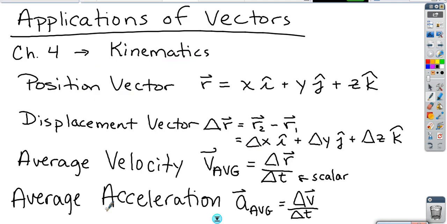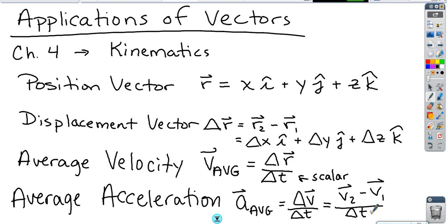The average acceleration vector is a similar situation. If you know what the change in the velocity is, meaning you know two values of the velocity, so you have some v2 minus v1 over delta t, then you can determine what the acceleration vector will look like.